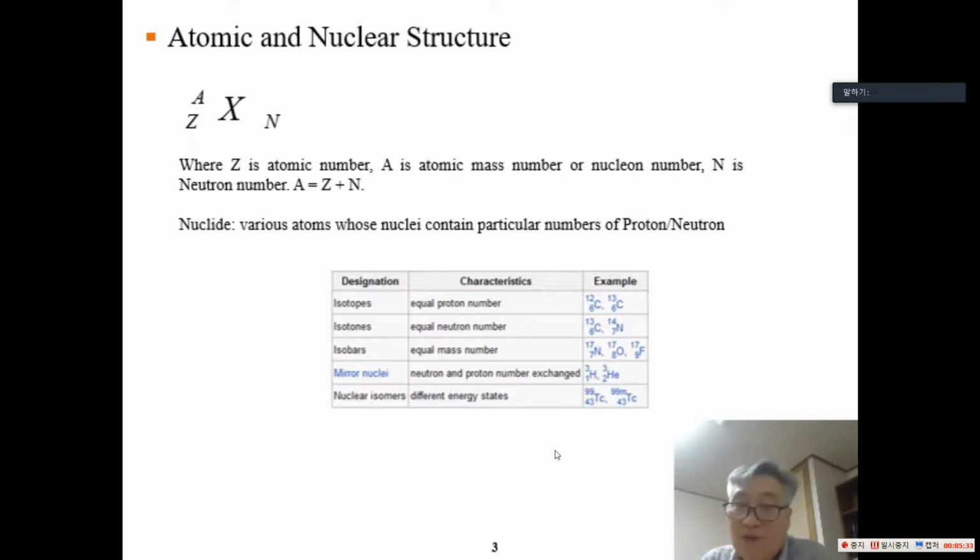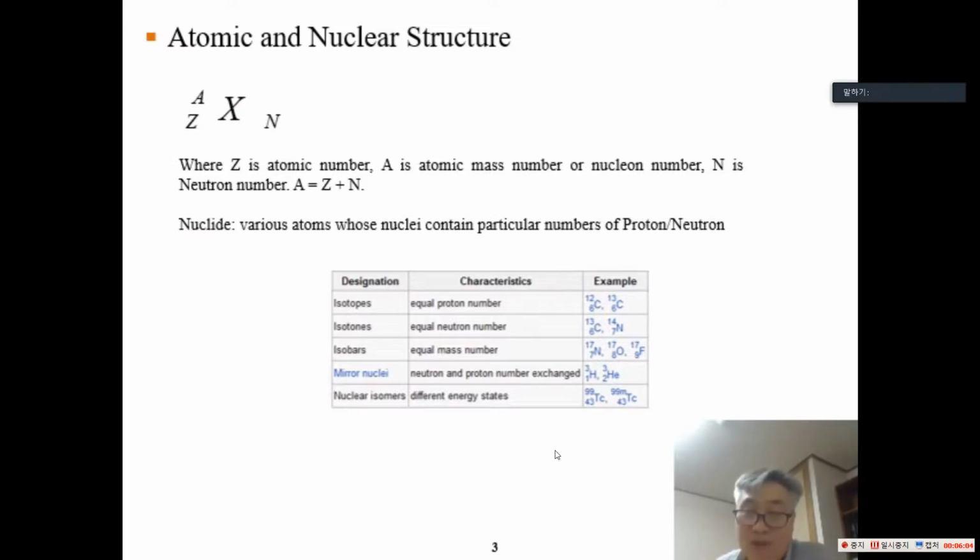This technetium 43 and 99, technetium 99m, M means metastable. So this is the same element and same number of proton and same number of neutron, but the stability is different, different energy state. We call it isomer. So you have to memorize this table.